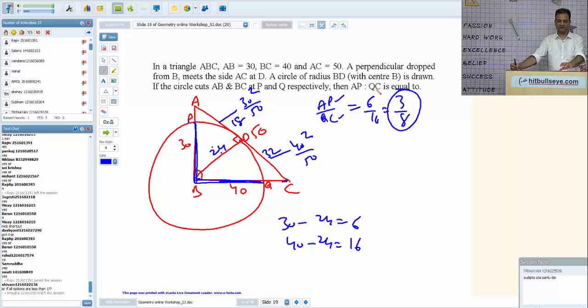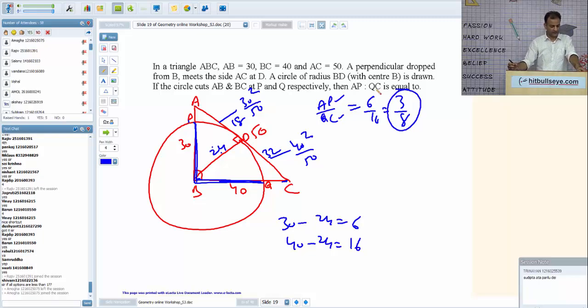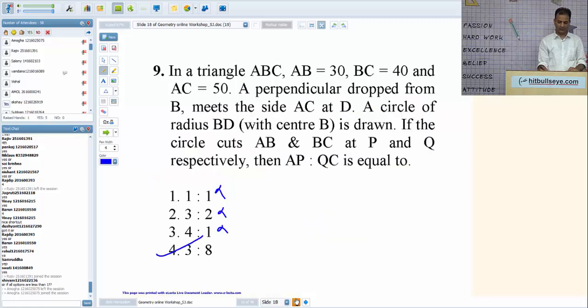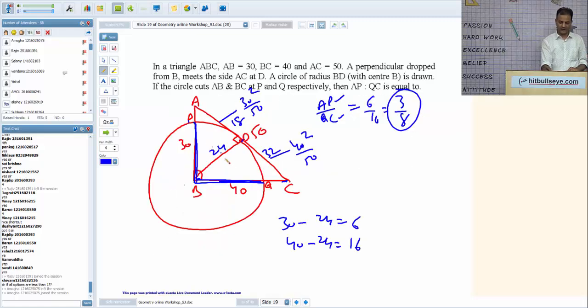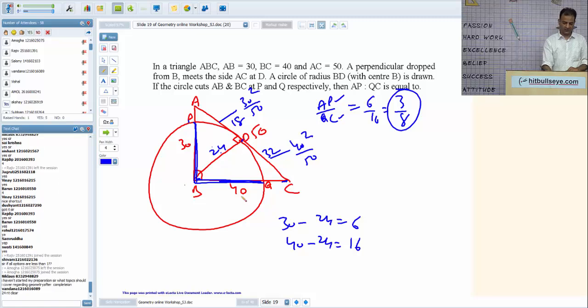Again, application of that theorem which we have already done. Shivam, I have told you the way. If all the options are less than 1, I have told you the way. You can find this BD, BD is 24. Or simply, one way is to find all the sides and then find BD. Or the other way, you can find the area of triangle 30, 40, 50. Vandana, 24 not clear?